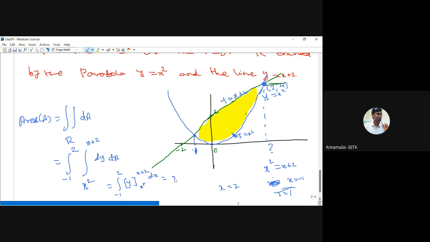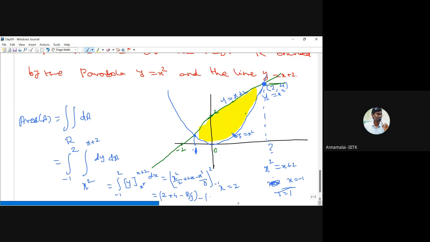If you integrate, you get x square by 2 plus 2x minus x cube by 3, from minus 1 to 2. If you substitute the upper limit 2, we get 4 by 2, that is 2, and 2 plus 2 is 4, minus 2 cube by 3, which is 8 by 3. This is the upper value.